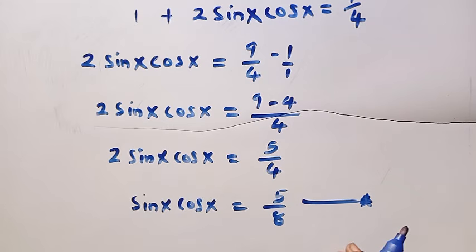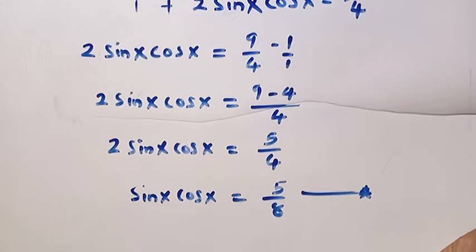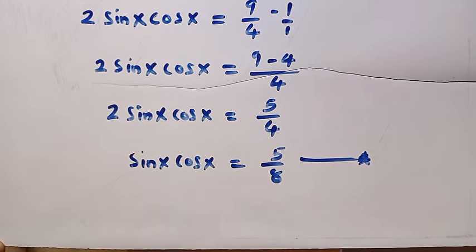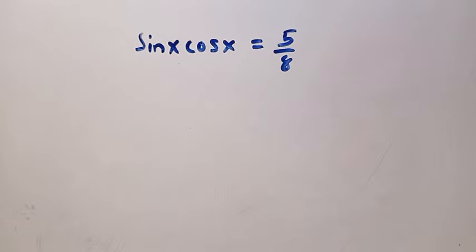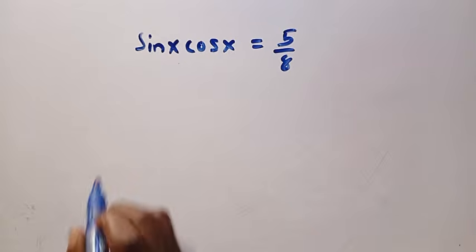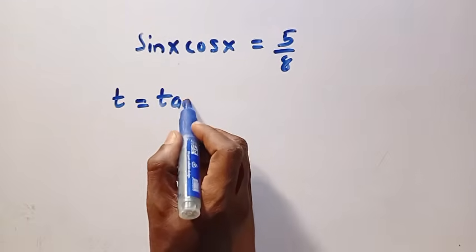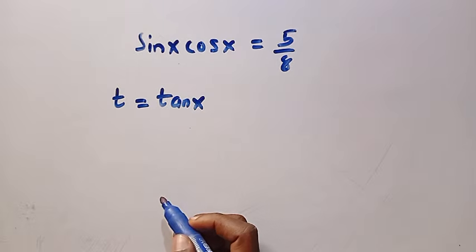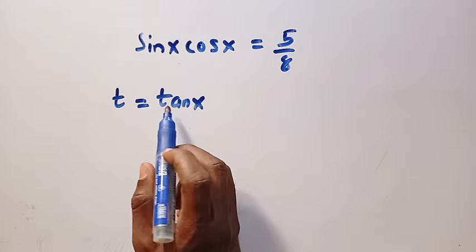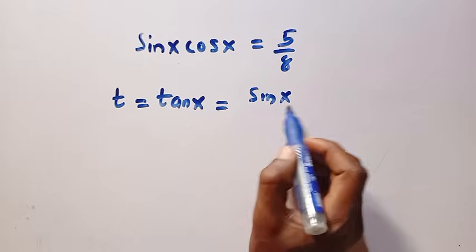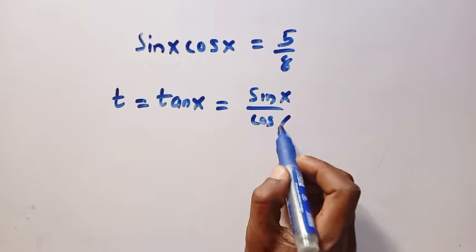So in the next step, we are going to consider an identity. Suppose I let t equal tan x, as we know that tan x gives us sine x divided by cos x.